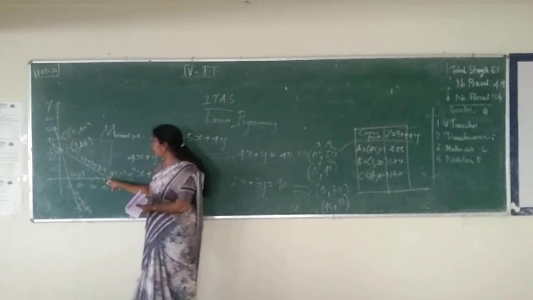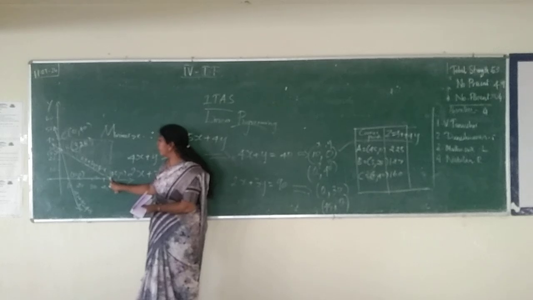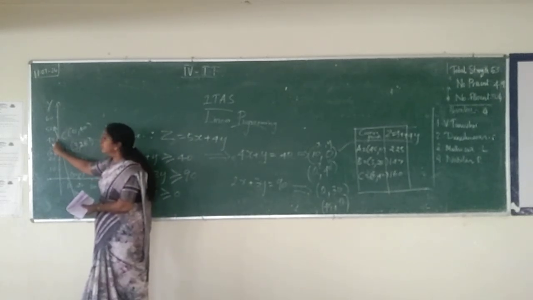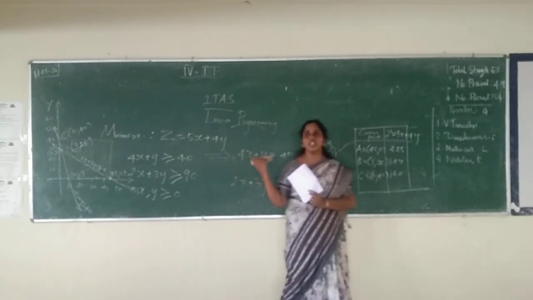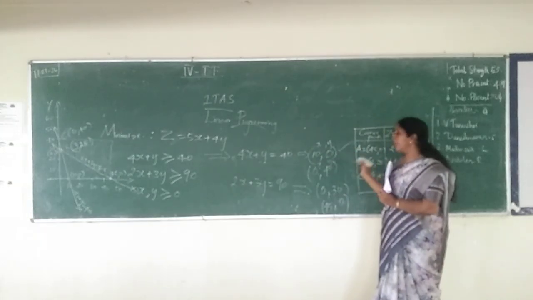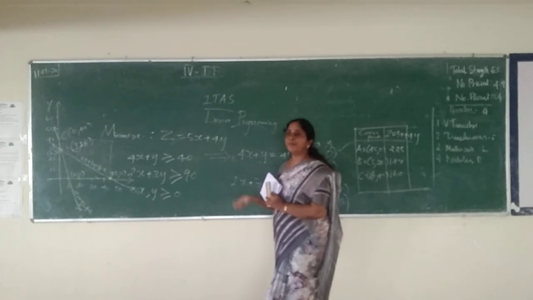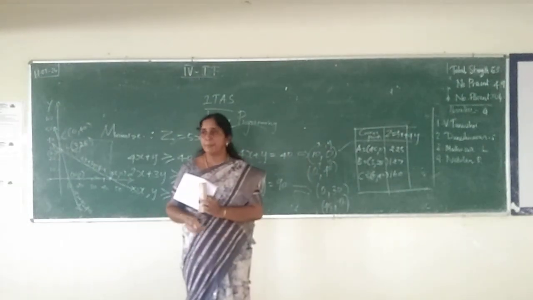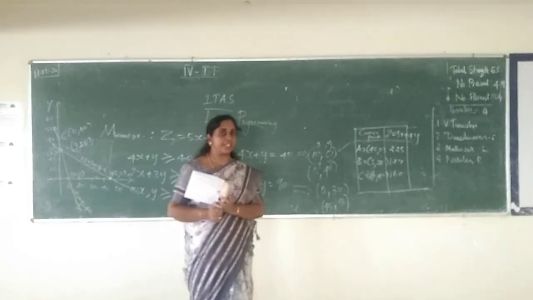We need to consider the points that lie above the line. So this is the first point A, the second point is this point, and the third point is this point. By using these 3 points, we can evaluate the objective function z. In that, we have to take the minimum value, so the minimum value is 127. So this provides the optimal solution when the x and y values are 3 and 28.